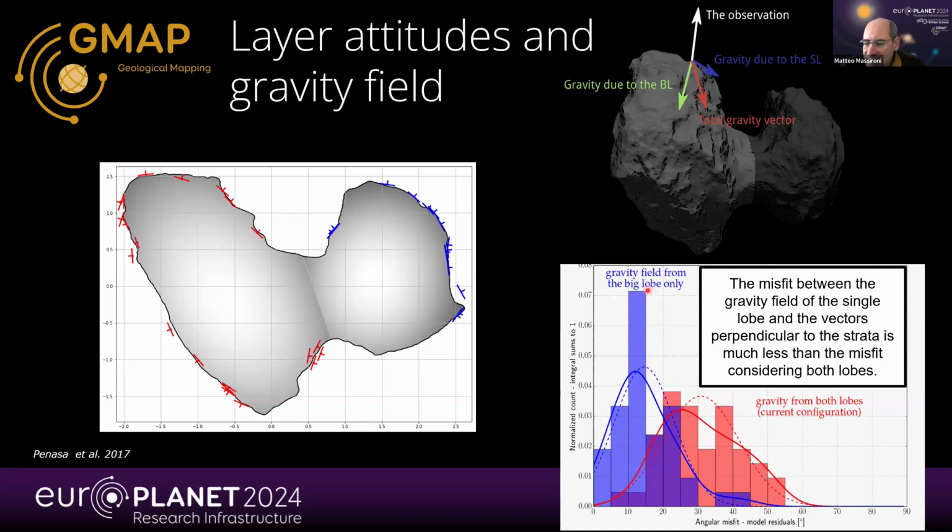So it means that this stratification formed before the two lobes aggregated together, probably in a very early part of the evolution of the solar system.